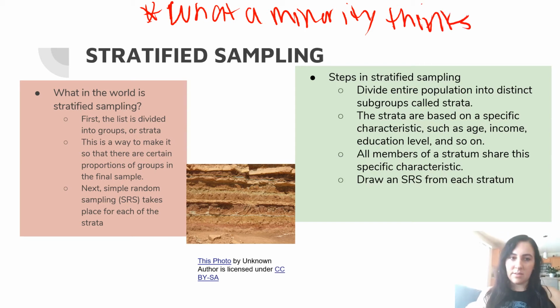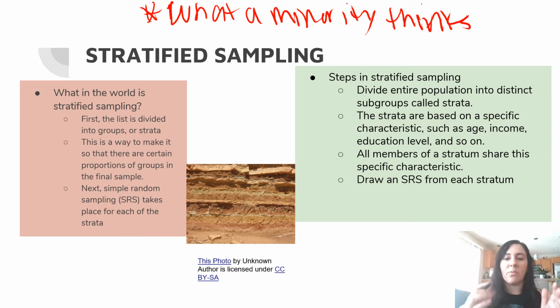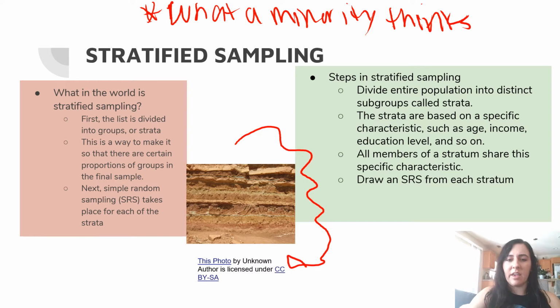Let me explain from the very beginning. The reason why I put this rock-looking Grand Canyon photo here is just to show you where this word comes from, so we can get an understanding of what stratified is.